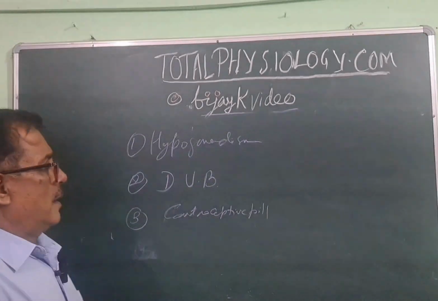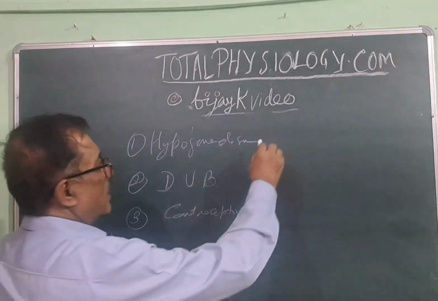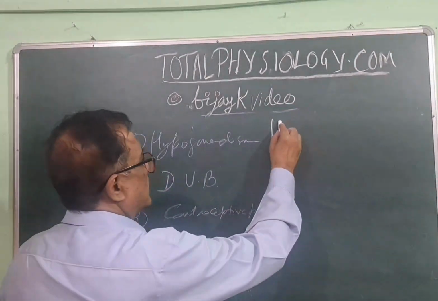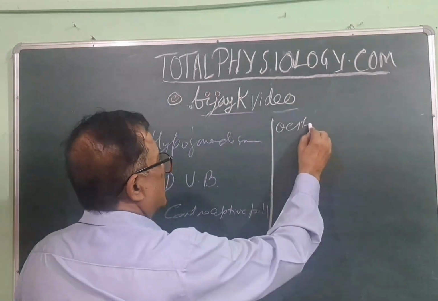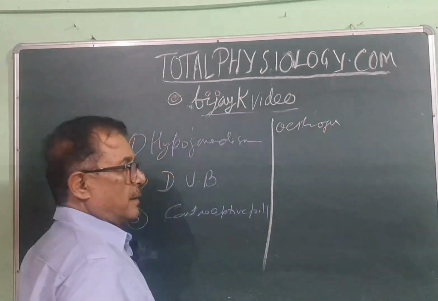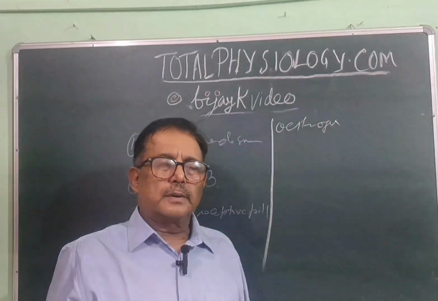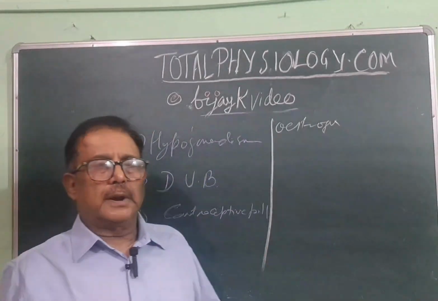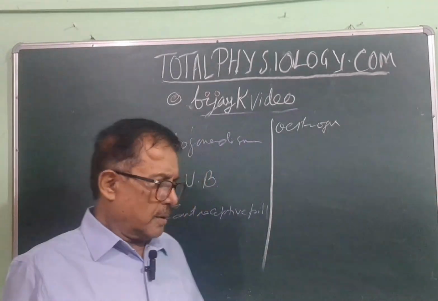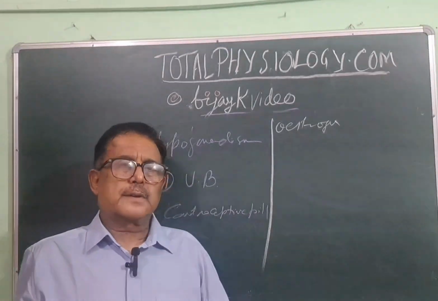So in this video, we learnt about what estrogen is. Estrogen is a steroidal sex hormone. Then the types of estrogen: 17-beta estradiol, estrone and estriol.